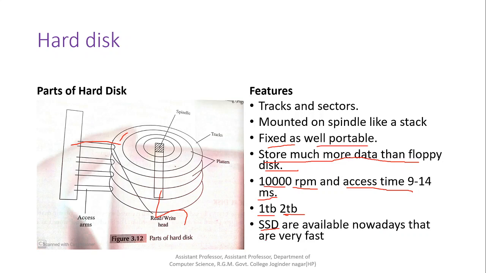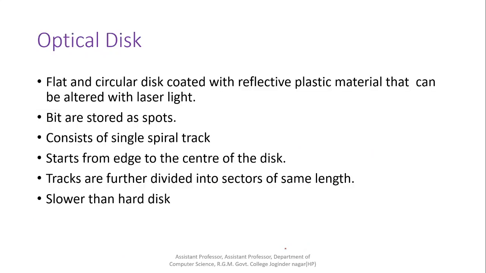They are very fast compared to hard disks, but they are very expensive compared to traditional hard disks. The access time of an SSD is much faster than traditional hard disks. Next we have the optical disk.